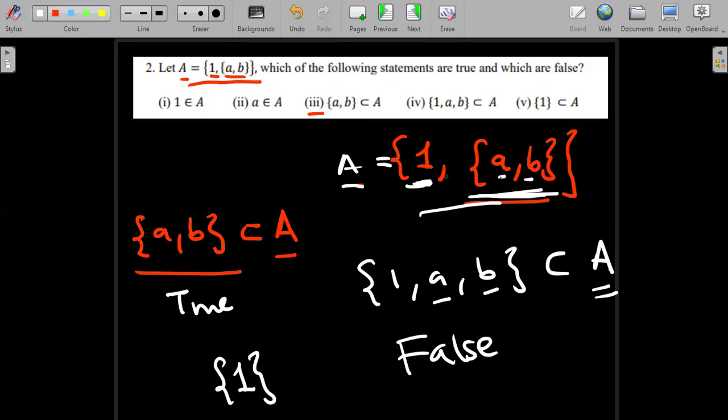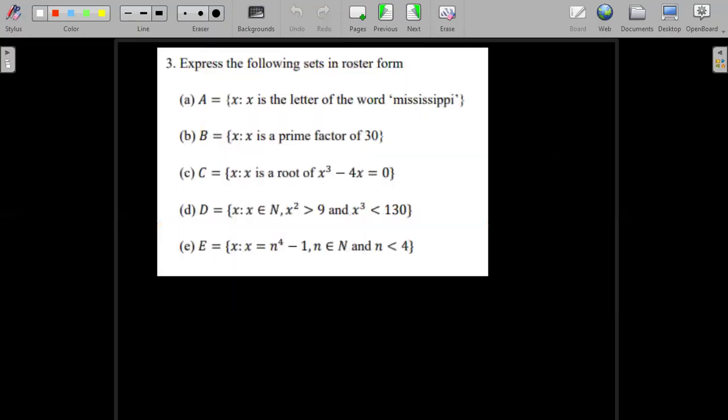Okay, so we have now the next questions that are given here. The next questions are saying express the following sets in roster form. Roster form, also known as tabular form, is just a form of set representation where we list out our elements.